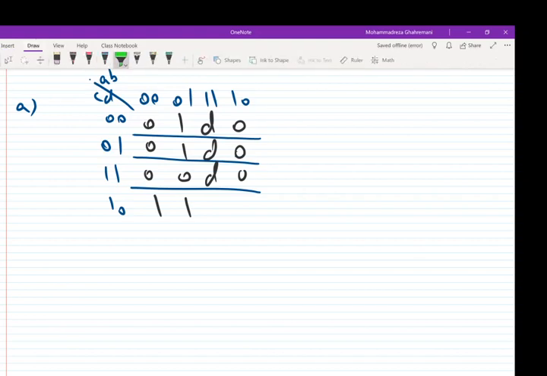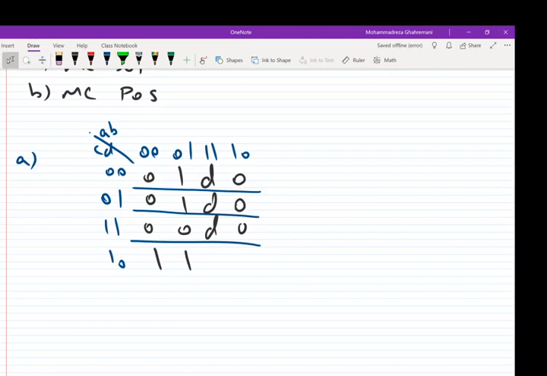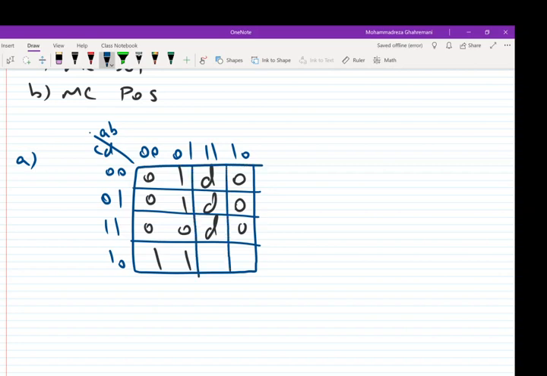Okay, let me draw this table again. Here is the table, and the values in the table were D and 1.